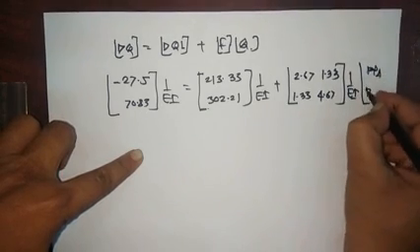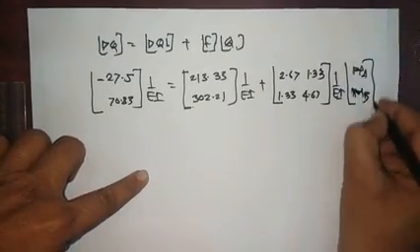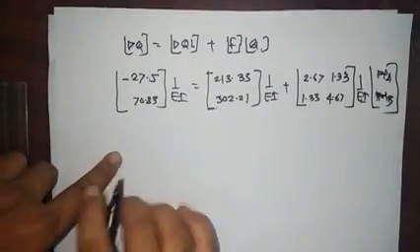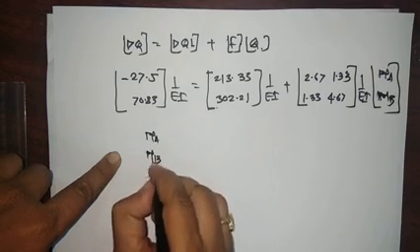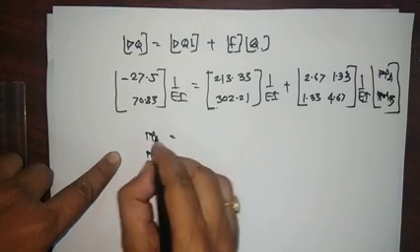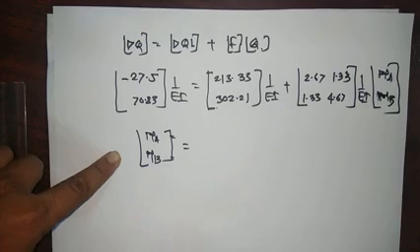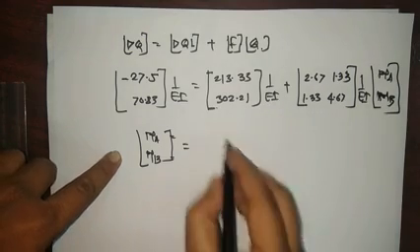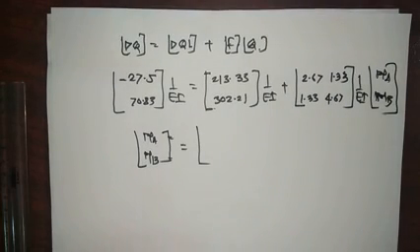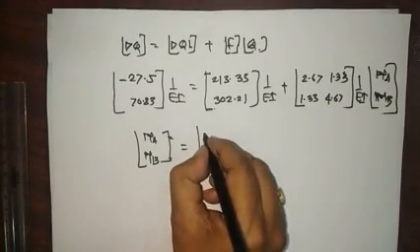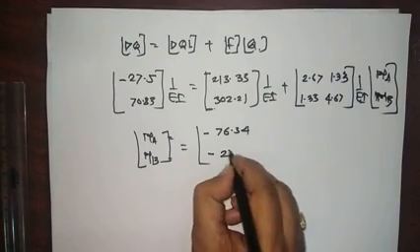And the q matrix is MA and MB. If you solve this matrix, the final values of MA and MB are minus 76.34 and minus 27.80.